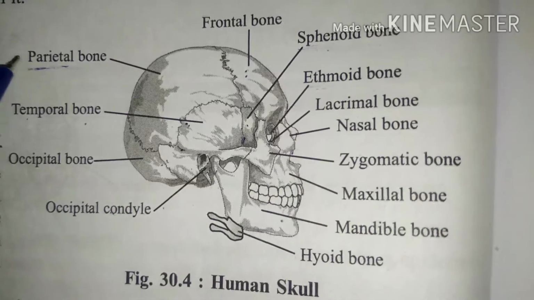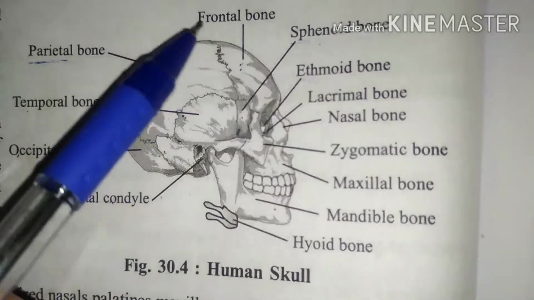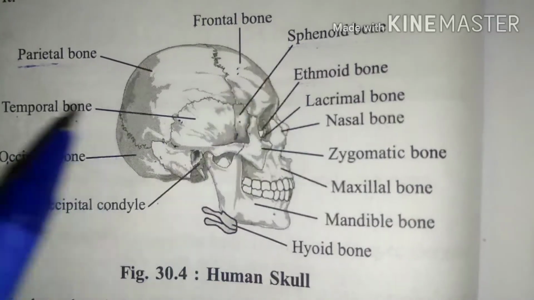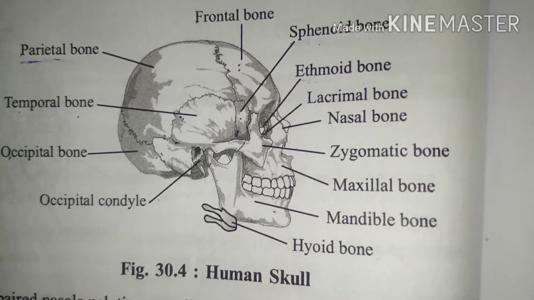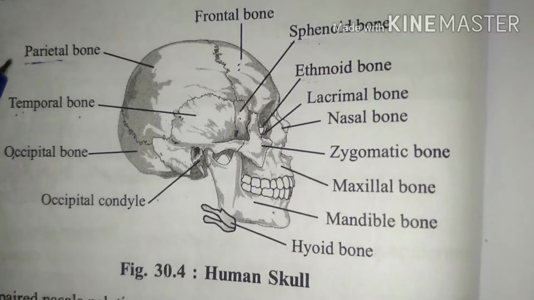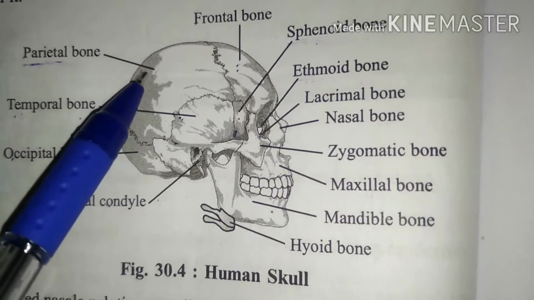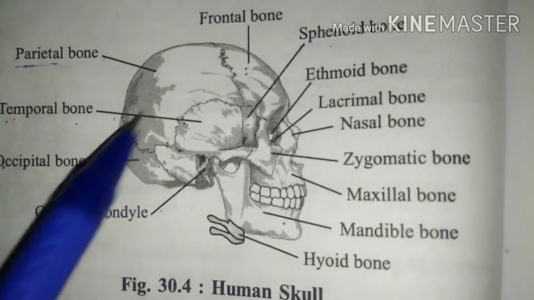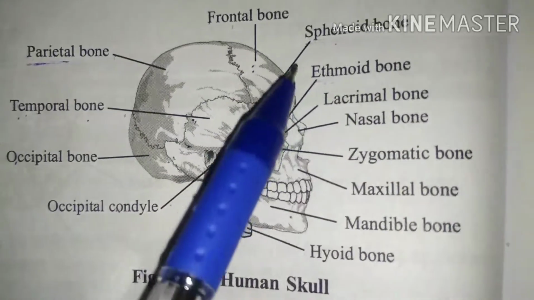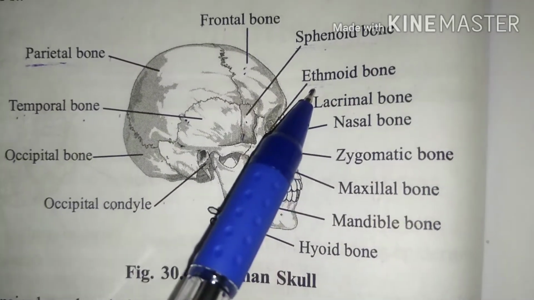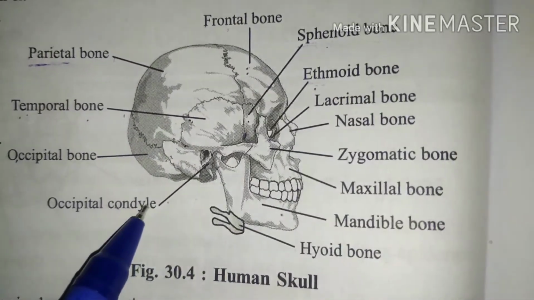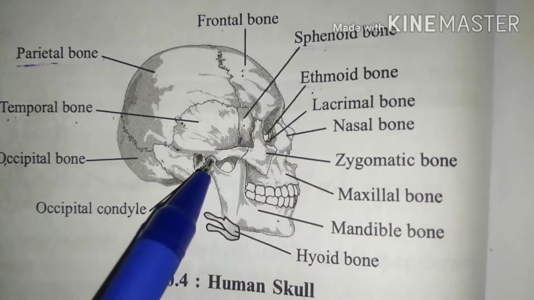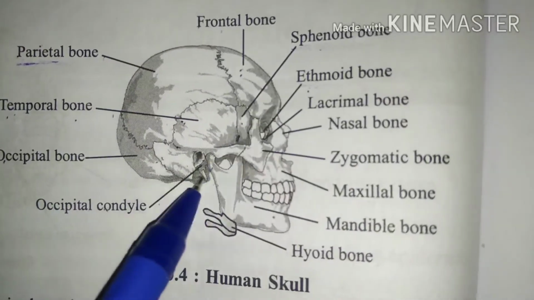So, parietal and temporal are both paired bones. Occipital, frontal, sphenoid and ethmoid bones are unpaired bones, and these total 8 bones make up the cranial part of the skull.